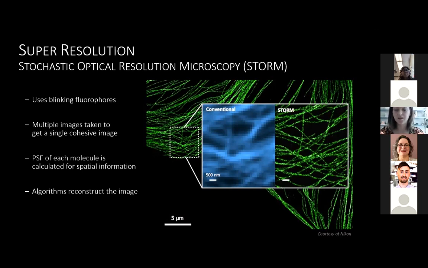And that essentially requires you to take multiple images over time so you can catch different fluorophores blinking at different times. And similar to the SIM application, we have multiple images taken over time and then reconstructed. So we have an example again of microtubules, because they're a perfect demonstration of how much resolution you can achieve, where you have conventional microscopy where you cannot tell that there are individual filaments there, versus STORM where you can see individual filaments.